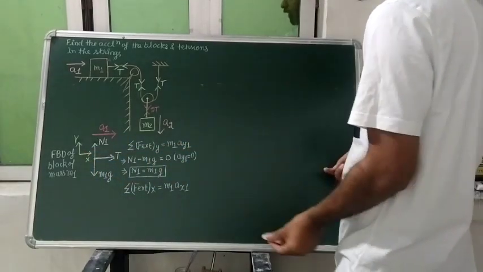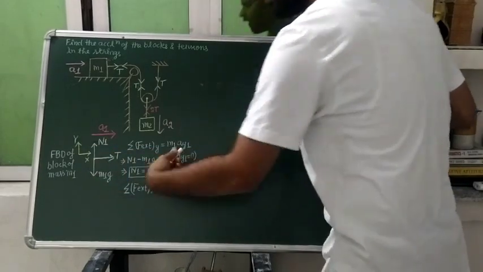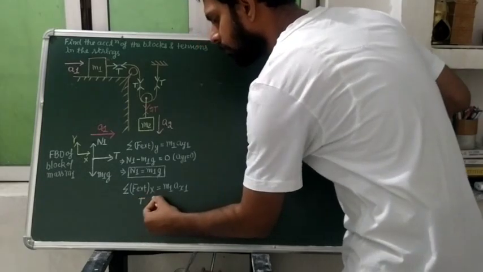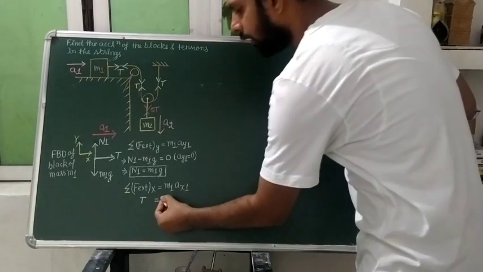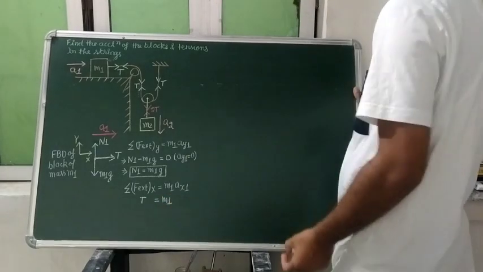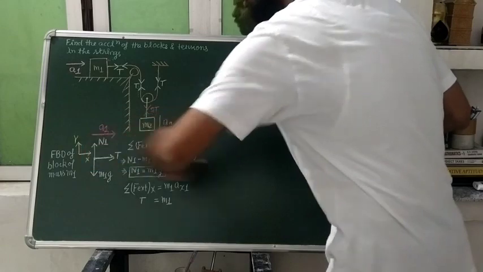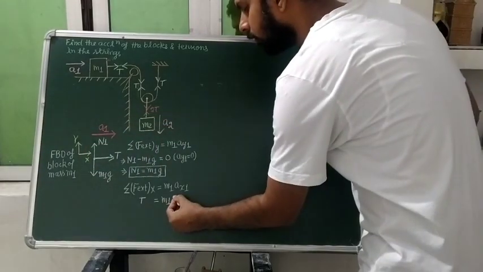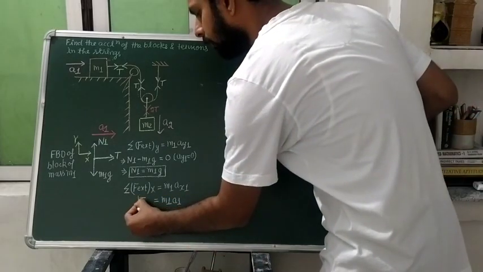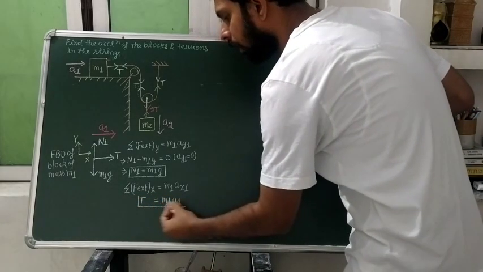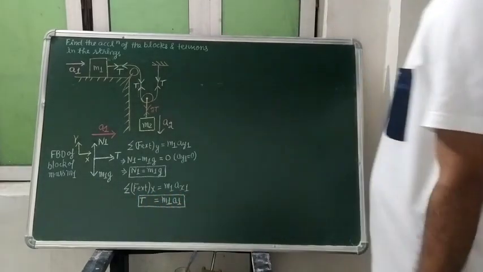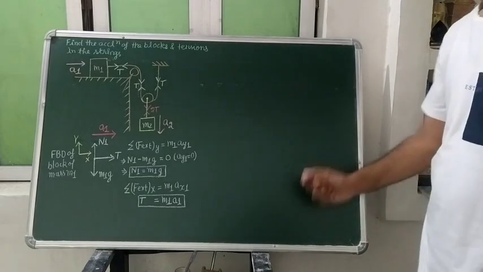The external force is only T. This side we have assumed as our positive, so here the external force is T. That should be equal to what, students? Mass times the acceleration in x direction. So a1 we have assumed on the same positive side, so a1 is going to come here. So T will be equal to m1 a1. Okay, so you can write up to here.